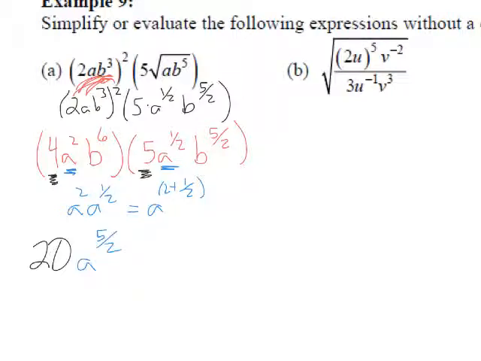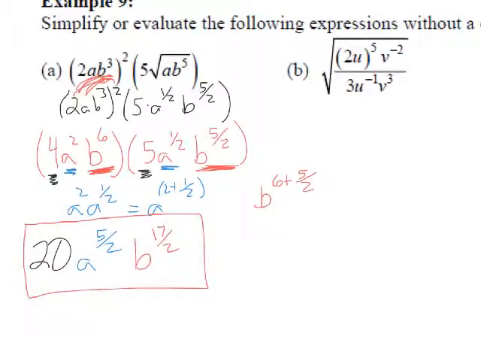And then finally we have the b terms, b to the 6th and b to the 5/2. So that would be b to the 6 plus 5/2, or 12/2 plus 5/2, which is b to the 17/2. So there's our simplified form for part 9a.